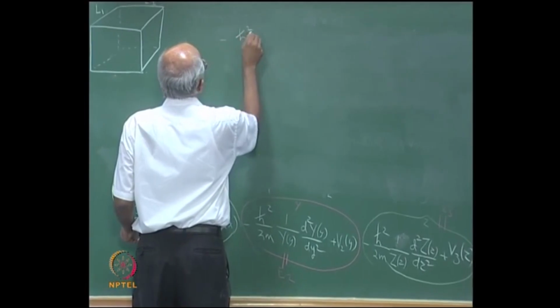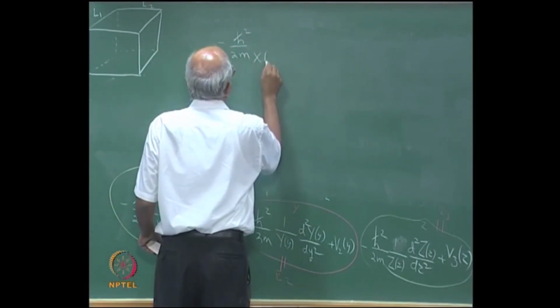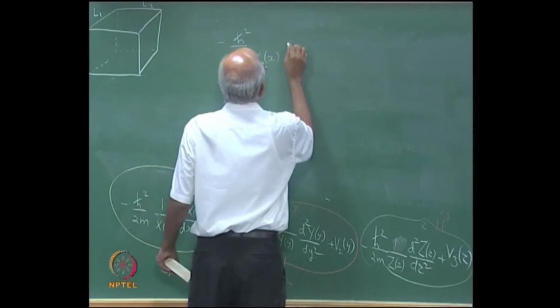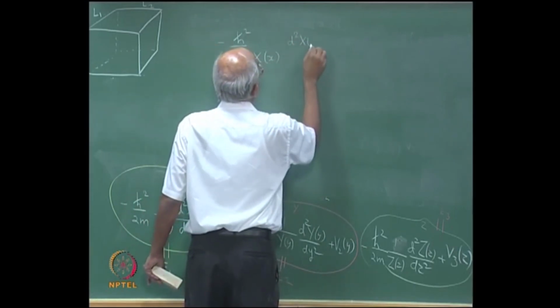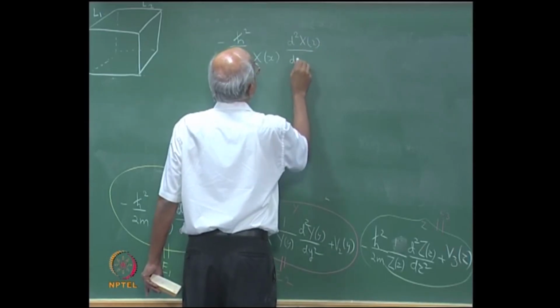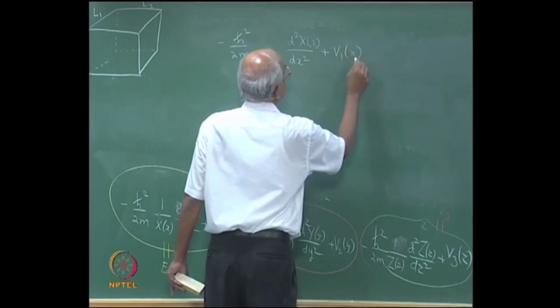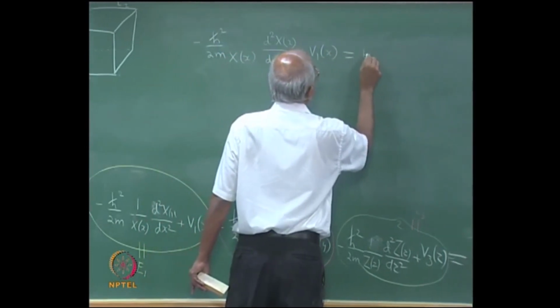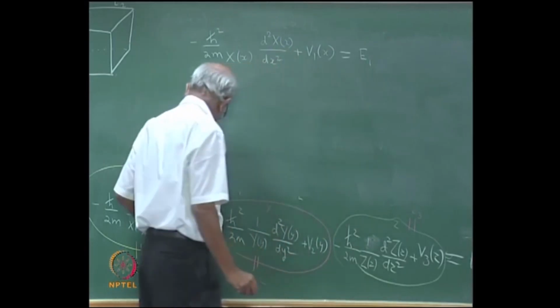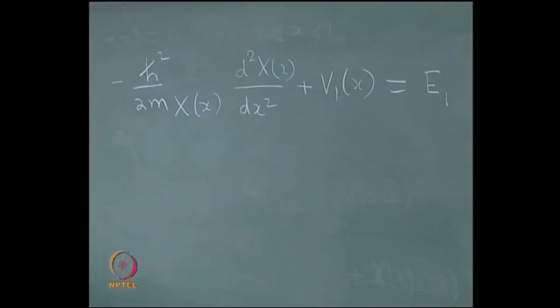Minus h cross square by 2m, 1 by capital X of x, d square capital X of x by dx square, plus V1 of x is equal to E1. That is what this equation says, correct.